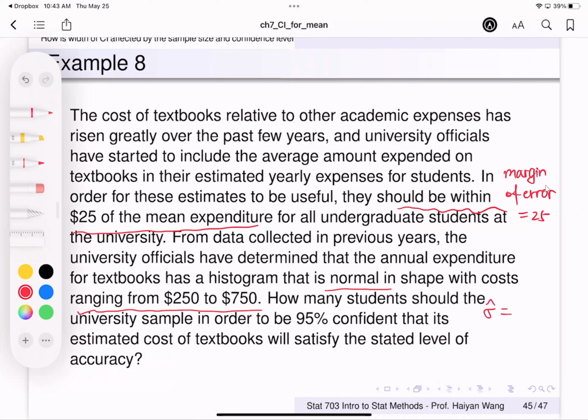Because it's past data, we would believe that these data are within 95% of that range. So we use 4 standard deviations for this range: 750 minus 250, divided by 4, gives us the estimate of the standard deviation, 125. And once we have this sigma estimate, we can do the sample size calculation.